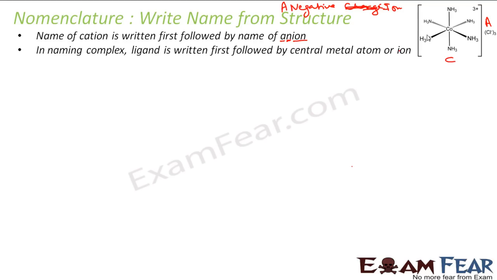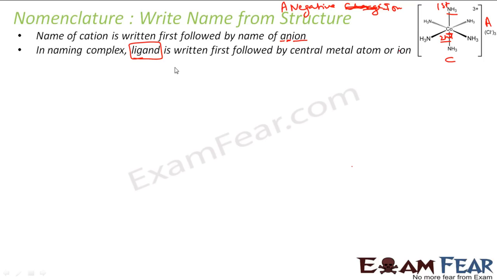Let's understand the name. In this complex part, again, we have ligands and we have a metal ion. In ligands also we can have various kinds of ligand. We have chlorine, nitrogen, we can have multiple kinds of ligand. It may be homoleptic, it may be heteroleptic. So it can be a heteroleptic complex also. Now in the naming of a complex, the first priority is given to the ligand and the second priority is given to the metal ion.